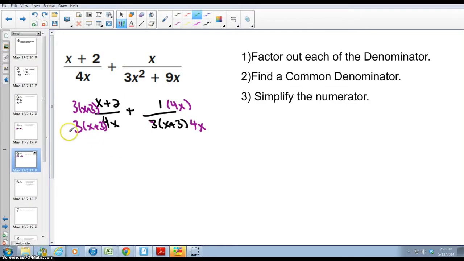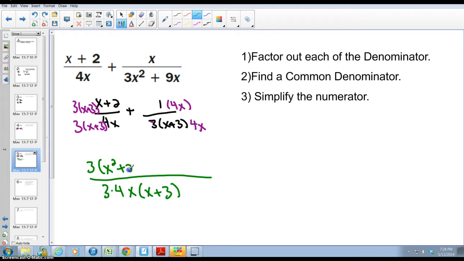So, now what I have to do is simplify the numerator, which means I'm going to have to perform numerical operations. I know right now that I have a 3 times 4x and x plus 3 in the denominator. Okay? So now I've got to multiply 3, and then x times x gets me x squared plus 2x plus 3x plus 6. So I just distribute (x plus 3) through (x plus 2) plus 4x.